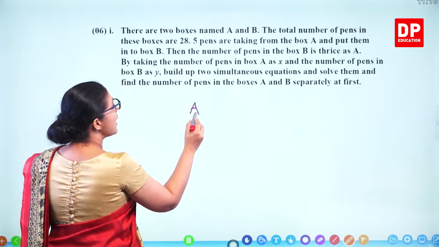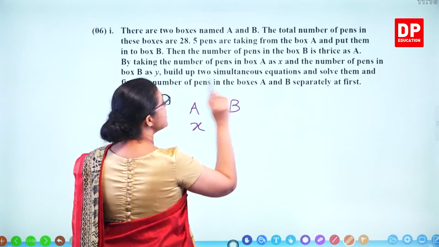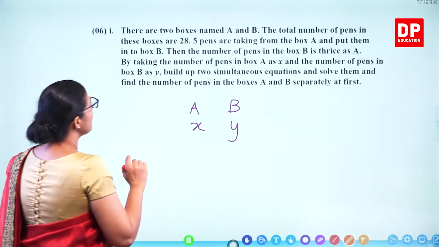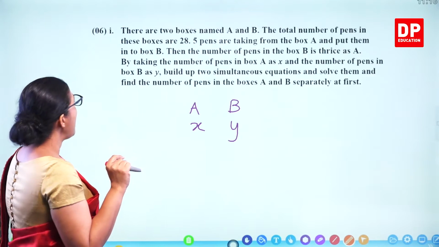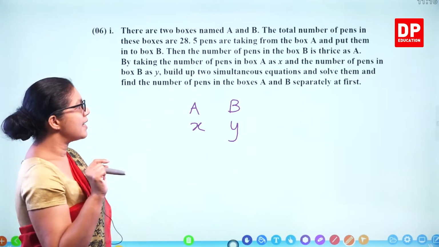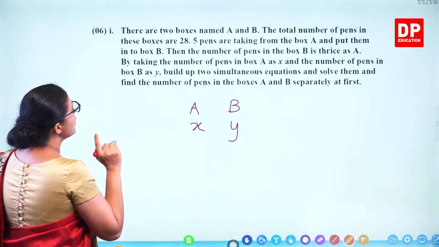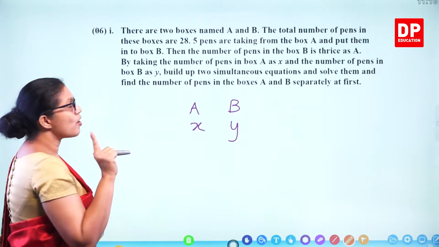Number of pens in box A is x. Number of pens in box B as y. Build up 2 simultaneous equations and solve them and find the number of pens in the boxes A and B separately at first. So now we'll try to make the 2 equations. The total number of pens in these boxes are 28.